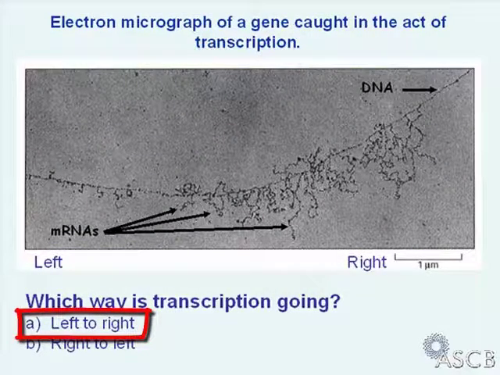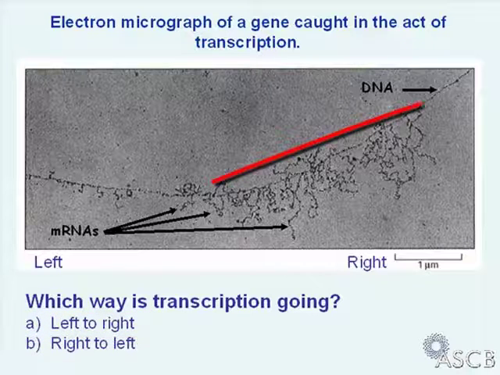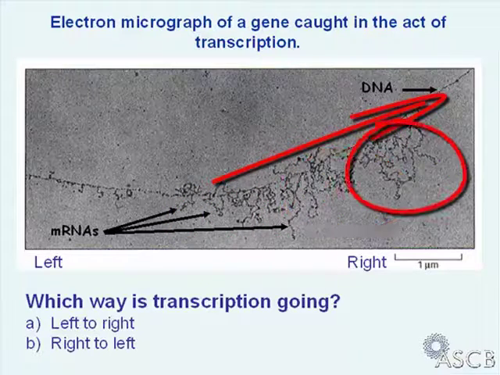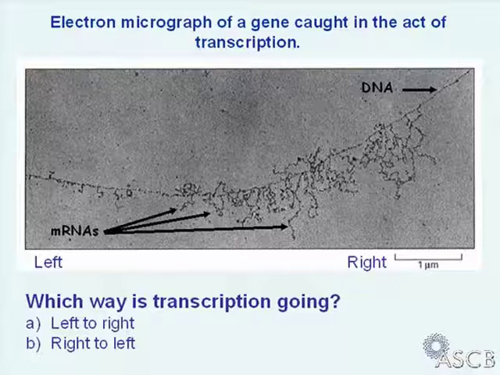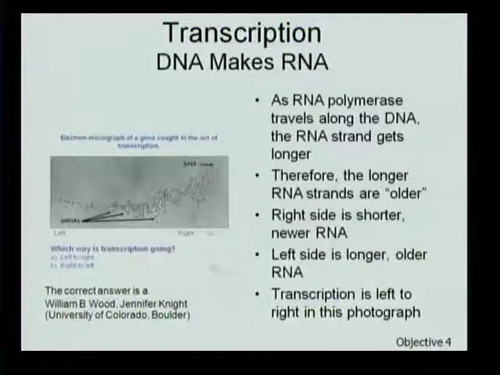I know this because as I move from left to right along this DNA strand, the mRNAs get longer and longer. And that means they spent more and more time with the RNA polymerase. So the earliest ones are the shortest mRNA strands, shown at left, and the oldest ones are the longest mRNA strands, shown at right.